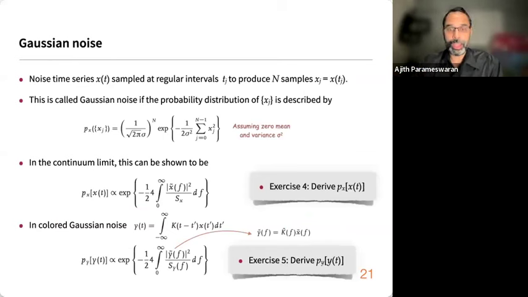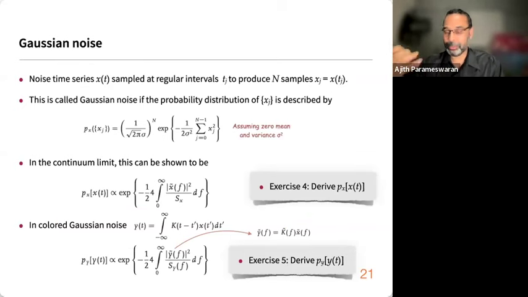Now, if we assume that the noise is, to a good approximation, stationary Gaussian, which is true to a good approximation, then it turns out that the statistical property of the noise is entirely determined by just the two moments of the distribution, which is the mean and the variance.